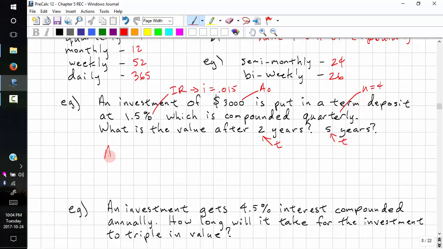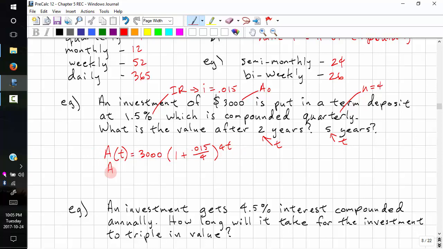So we write our formula, A of t equals A naught, that's 3,000, 1 plus, we take our i, 0.015, and divide this by 4, and it's 4 times t. So if the question asks for a formula, this is your formula.